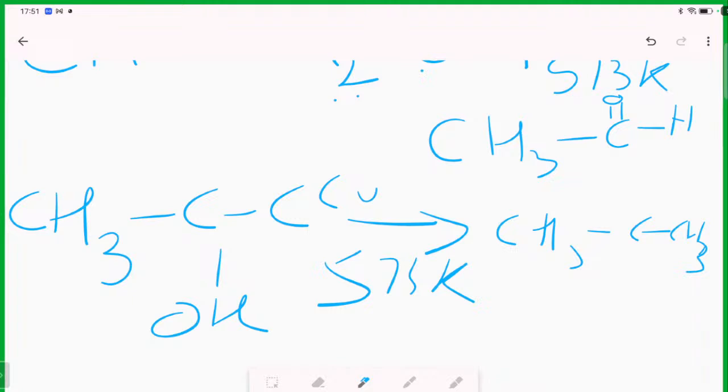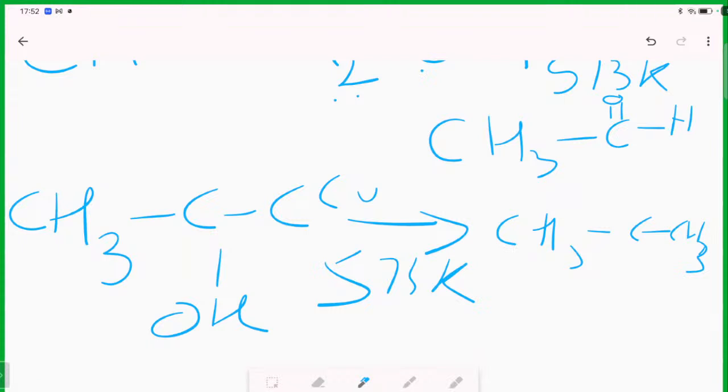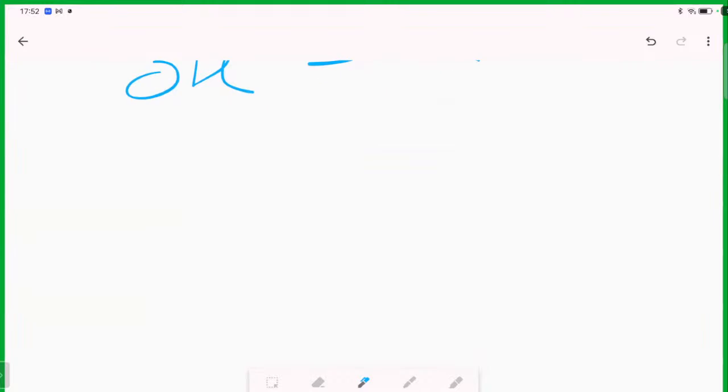And we can get it from hydrocarbon also, by oxidation of methyl benzene. Each process has a particular name, like the Gattermann-Koch reaction. What is the Gattermann-Koch reaction? This is a very important reaction. Let me tell you.